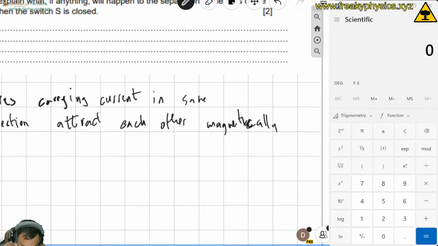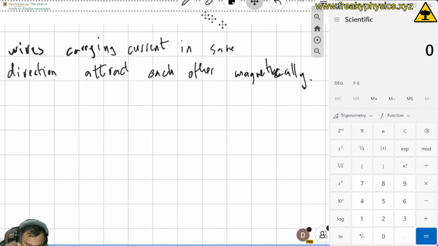I'm going to draw just a portion of the solenoid first. I'm going to draw just the upper portion of the solenoid and just two coils of the solenoid right there. Let's say that in this case, the current is flowing in the same direction.